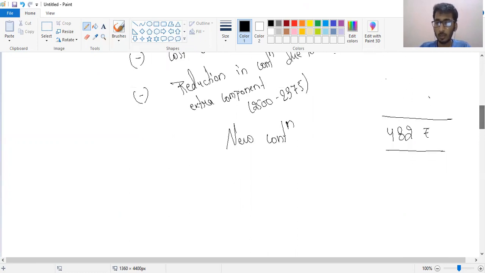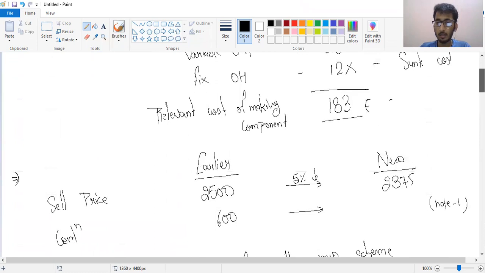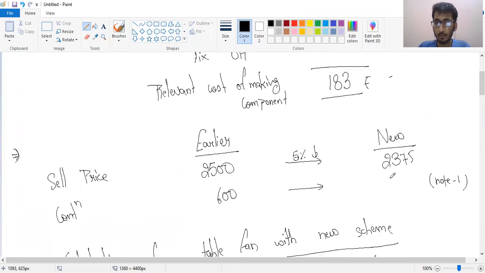So from here I can write that the contribution would be 482. So basically what we are saying is that due to the new scheme, my contribution is reducing by 118 rupees.